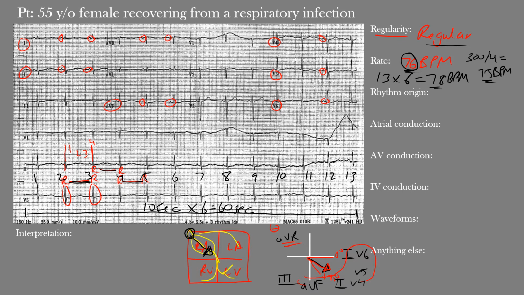All right, so we have upright P waves that are similar in morphology in those leads and inverted in lead AVR. We should also see in sinus rhythm that there's one P wave for every QRS, okay, and that the P wave comes before each QRS complex. All right, so what do we mean by that? Well, let's just erase some of this here so we can take a look.